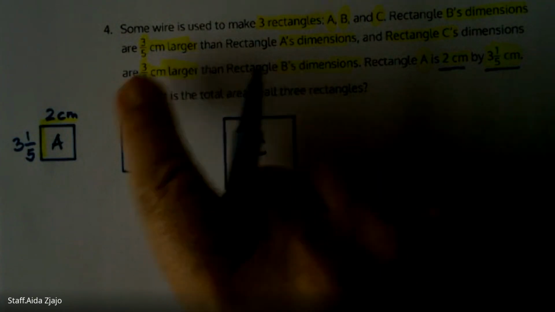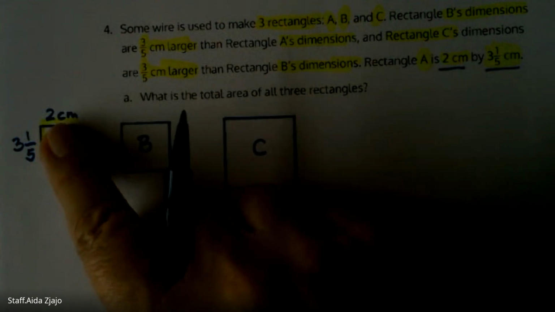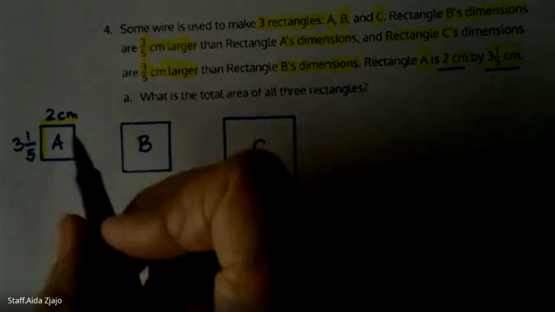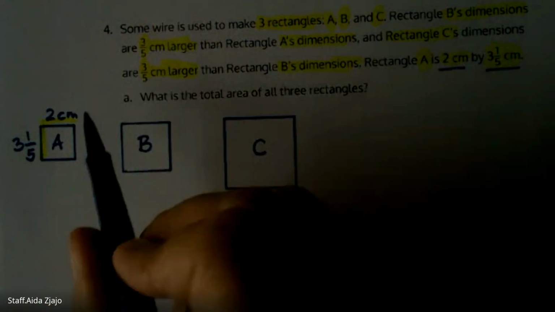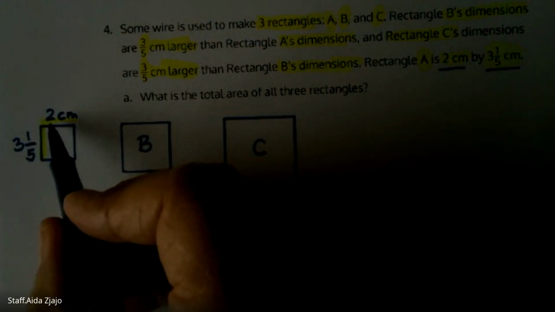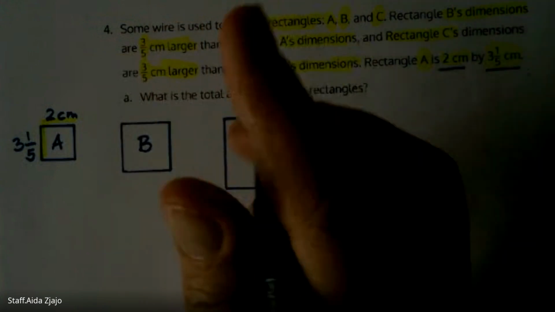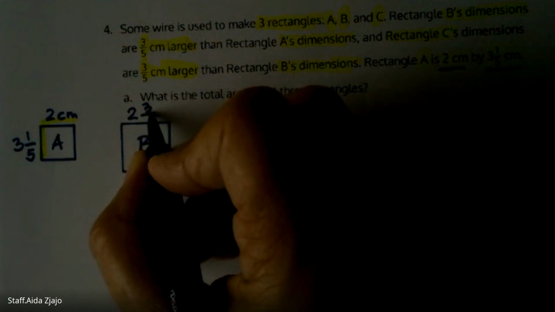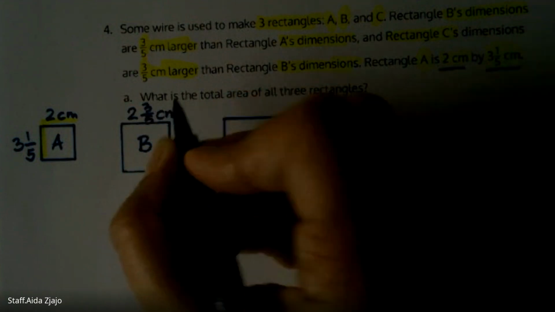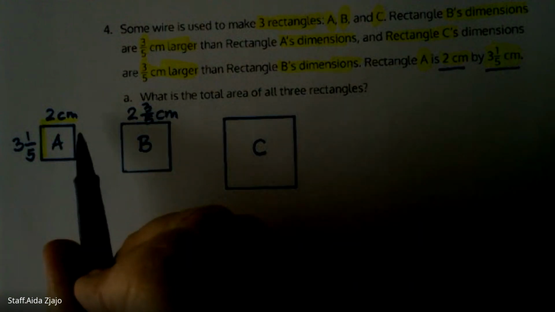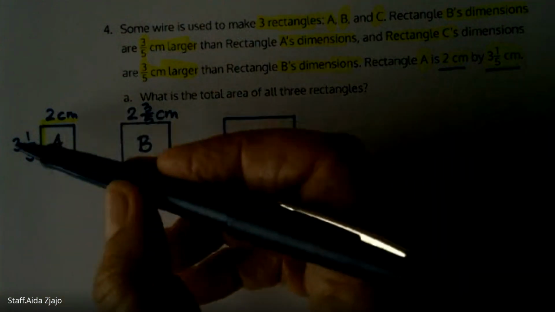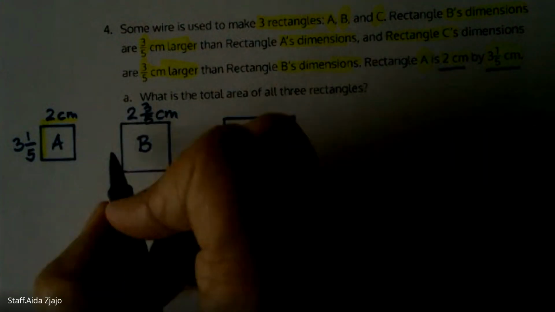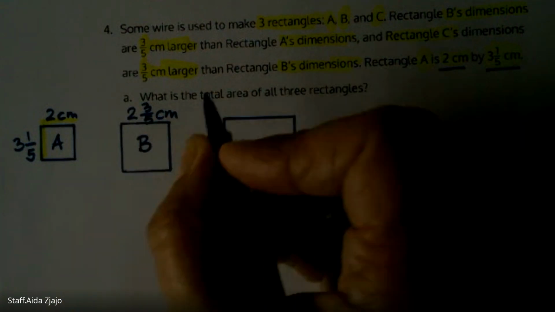So B is larger than 2 by 3/5 centimeters, so it would be 2 3/5 centimeters, because it's plus. And now 3 1/5 plus 3/5 will make 3 4/5.